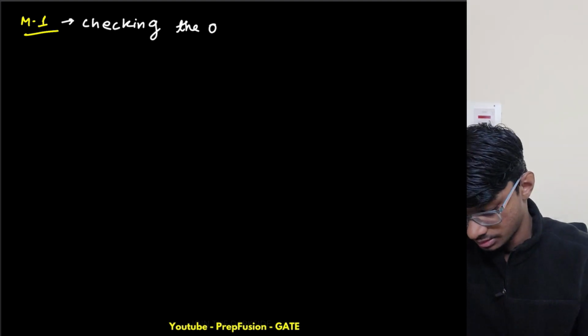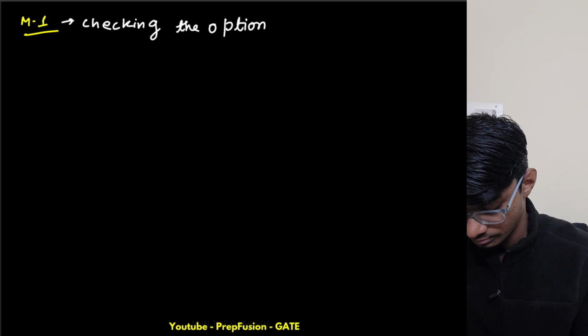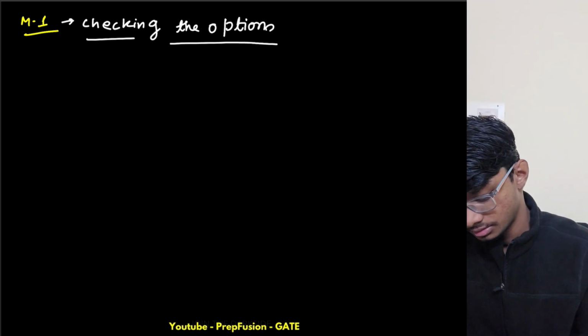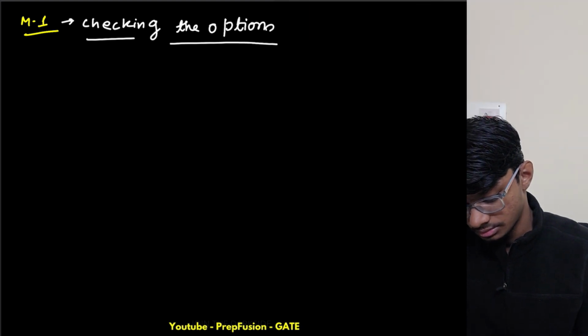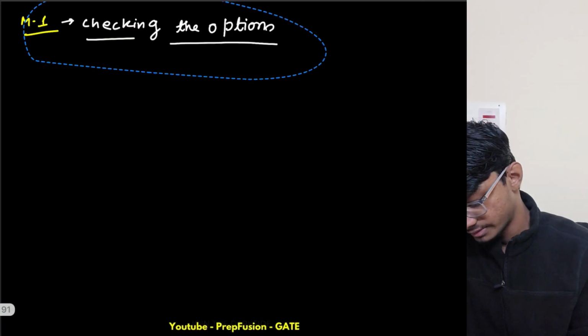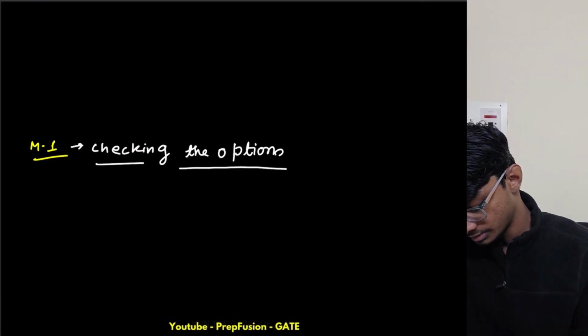If I just check the options, what do I see? I see that first I have to find the CLTF, right? So let me first find the CLTF, then the methods will come, obviously.